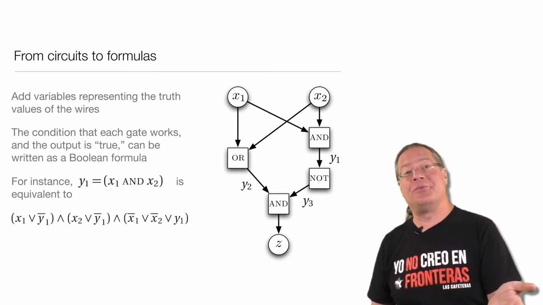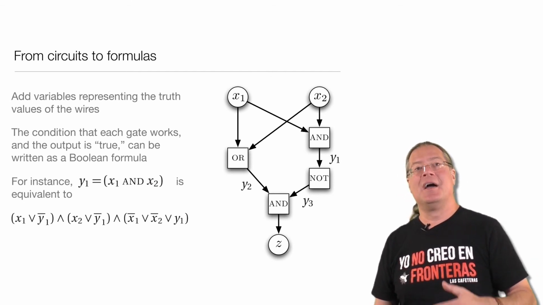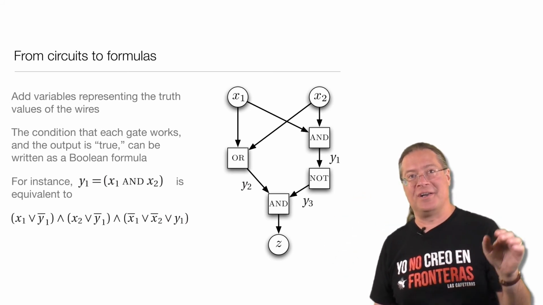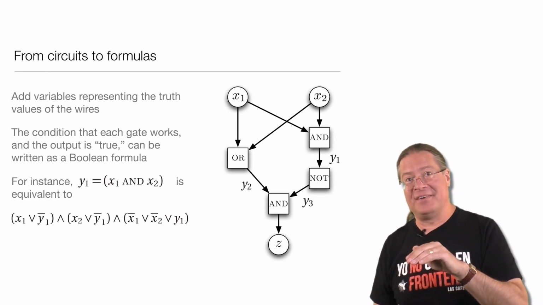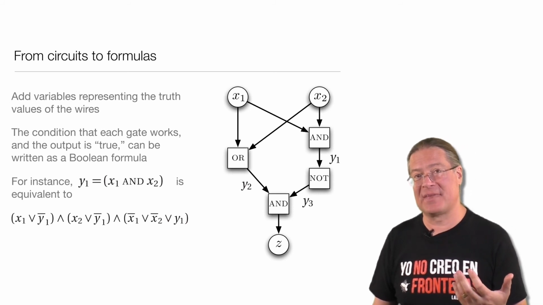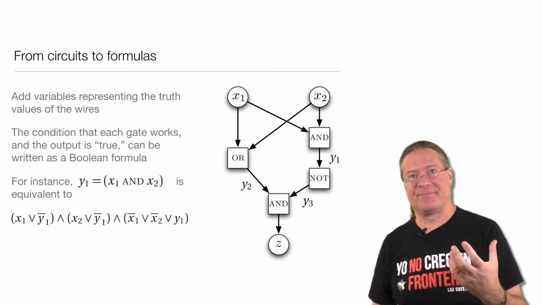Well, let me introduce you to some notation that you may or may not have seen before. These V's here are ORs, they're kind of pointy union symbols. The wedge things, the upside down V's, are ANDs, they're kind of pointy intersection symbols. And the bar stands for negation, for not.